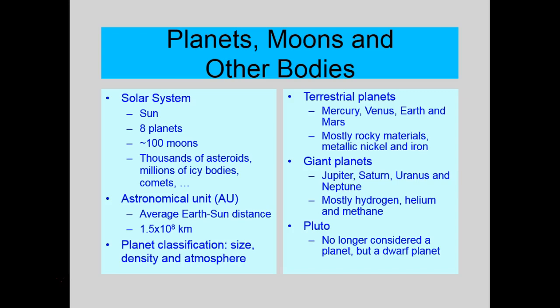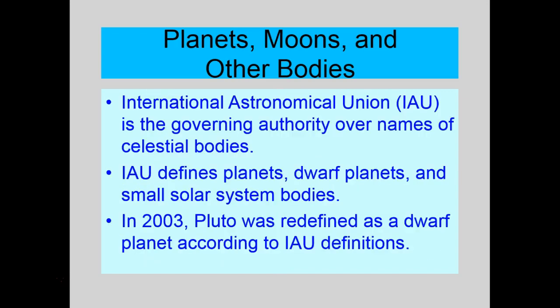Dwarf planets. This probably was from this slide here. Let me read you the names of the at least 5 dwarf planets that they've named and identified. Pluto being one, Eris, E-R-I-S, Ceres, C-E-R-E-S, and this, I don't even know if I'm pronouncing this right, but I think it is, Makemake, M-A-K-E-M-A-K-E.